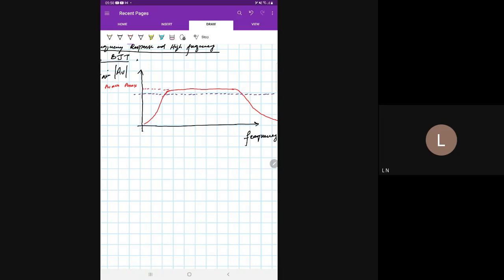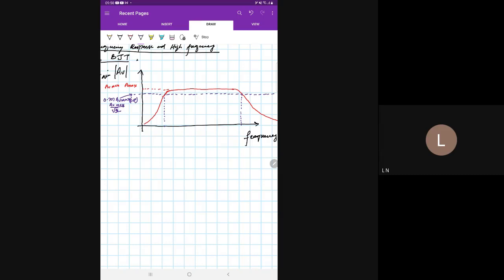These points, which are also known as cutoff frequency points or half power frequency points, are where the gain is 0.707 times the maximum gain. At this level we have 0.707 of AV max, which is 1 by root 2 times AV max.